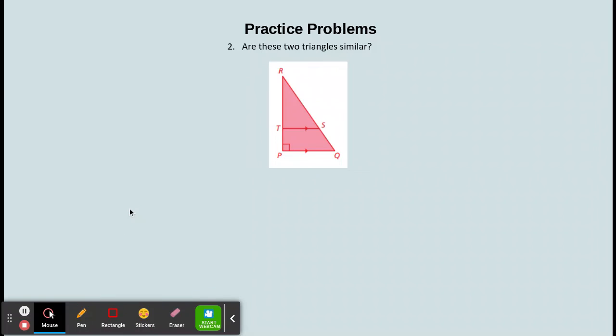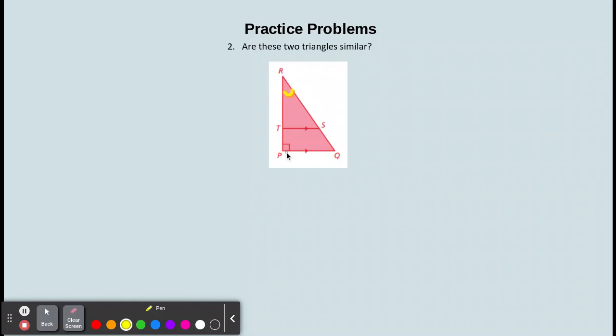Okay, a hint on practice problem number 2. Are these two triangles similar? Well, remember, similar triangles have to have all their interior angles equal. We look up here and we see that both triangles do share this one here. Share that one there, right?